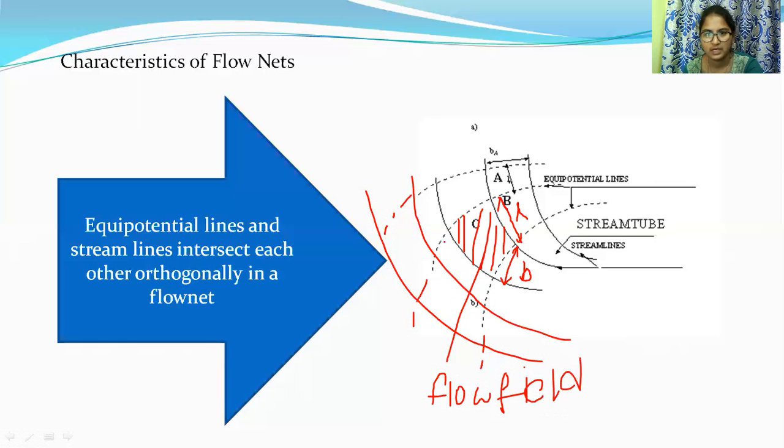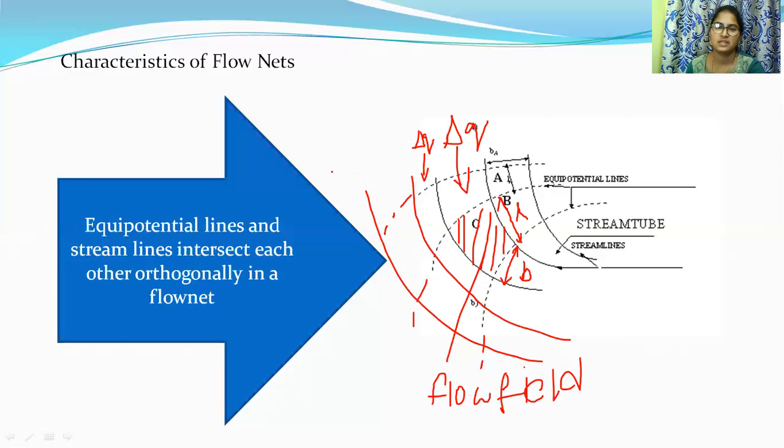The discharge flowing through these flow lines is delta q.